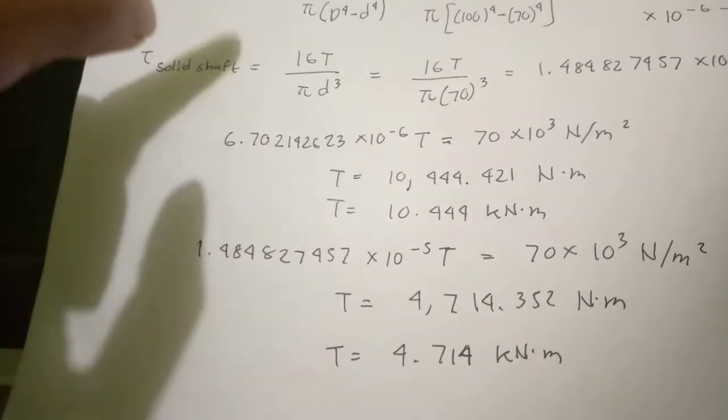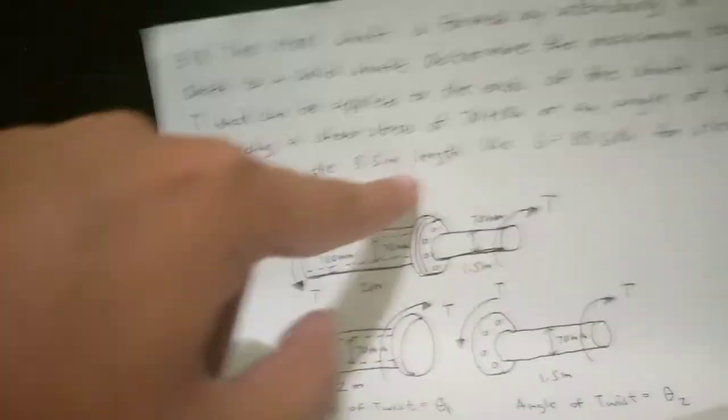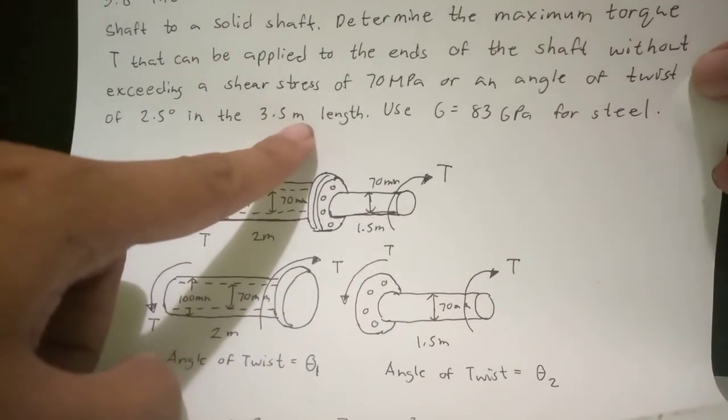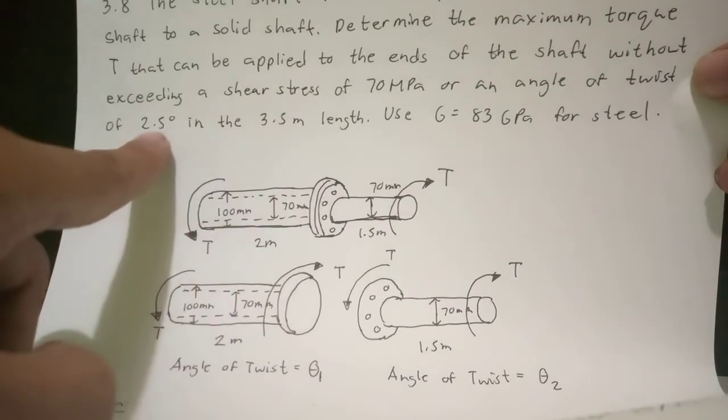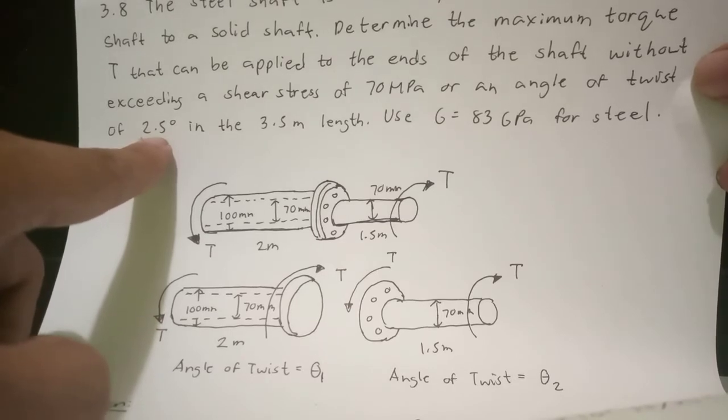The next thing we need to find is the allowable torsion given the criteria that it should not exceed 2.5 degrees of angle of twist.